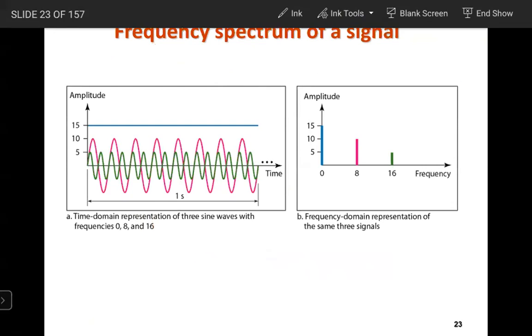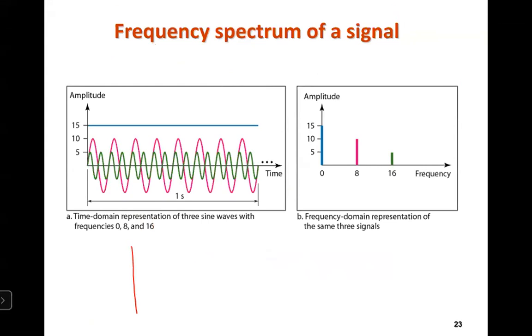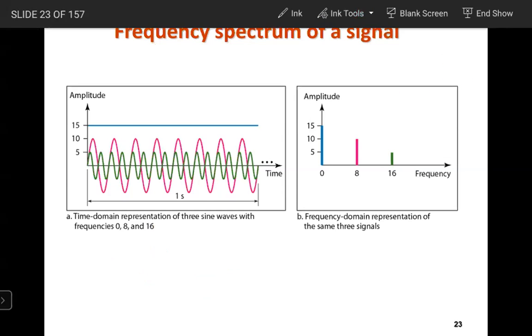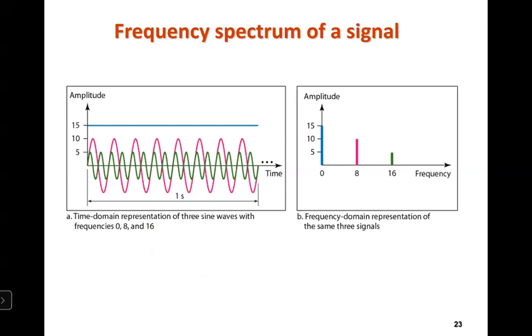So let us say this point is 15. I had a signal like this, not like this. Let us say one signal was like this, so this value is, let's say, 15. So here the amplitude is 15.